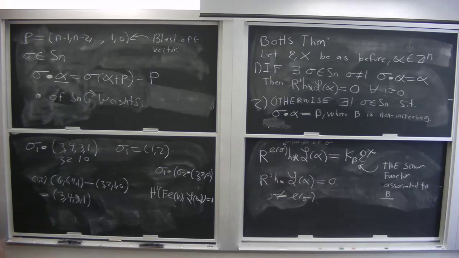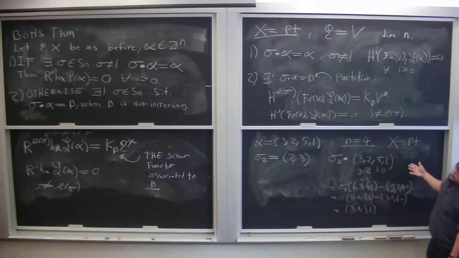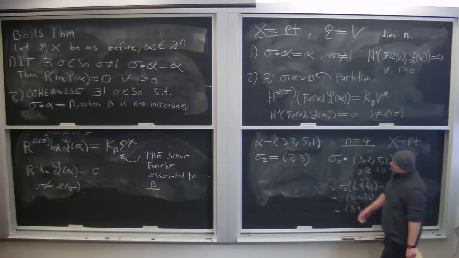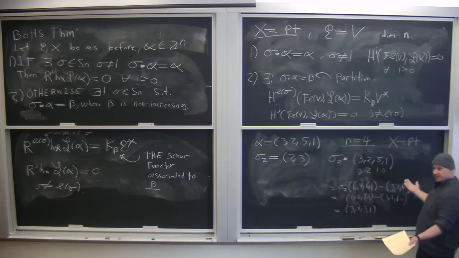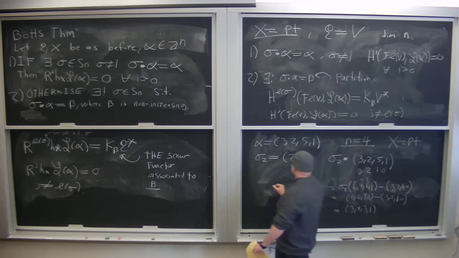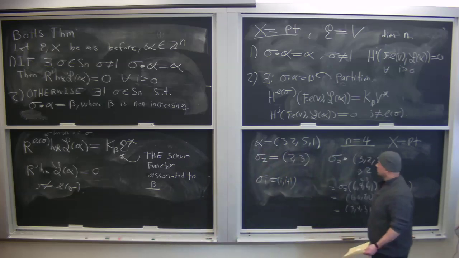Okay, maybe I should have said this. The point is, this operation that I've done here is called Bott's algorithm. What he says is you start looking at the different transpositions, sigma i plus 1.